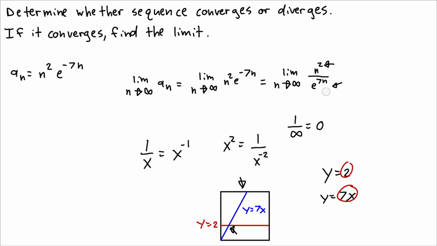And in that case, what we can say is this is going to eventually become 1 over infinity, which is 0. And it is convergent because we found an actual number that it converges to.